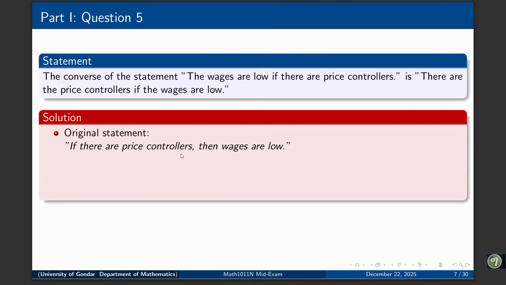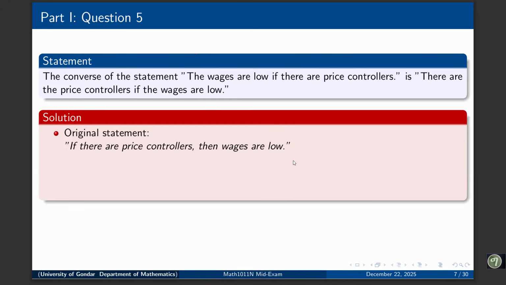So that the converse, the inverse and the contrapositive of this statement will be obtained correctly. The converse of the given statement is obtained by interchanging the positions of P and Q. That means we take the conclusion of the original statement, the wages are low, as the if part, and the if part of the original statement, there are price controllers, as the conclusion of the converse.